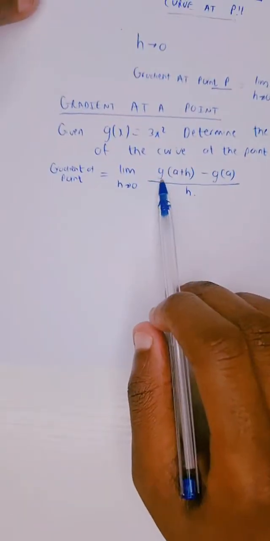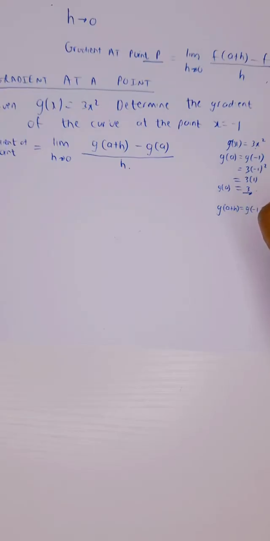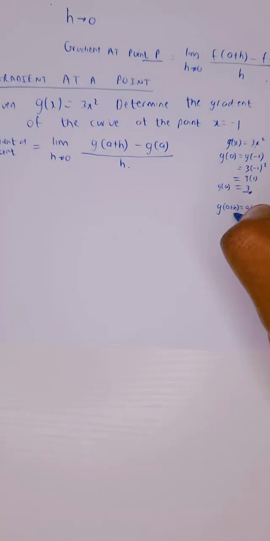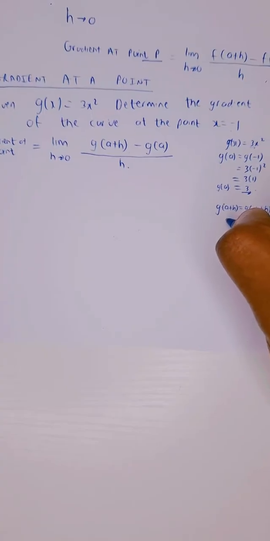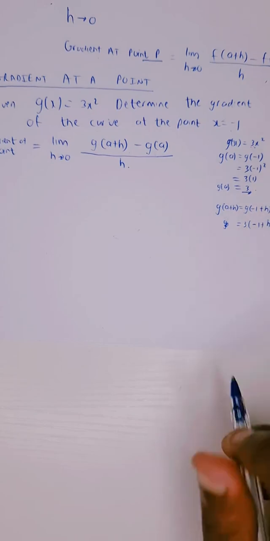So we know what we are going to substitute in the place of g of a. For g of a plus h, we say g of a plus h is equal to g of negative 1 plus h. In the place of x, we substitute negative 1 plus h, which is equal to 3 into negative 1 plus h, the whole thing squared.